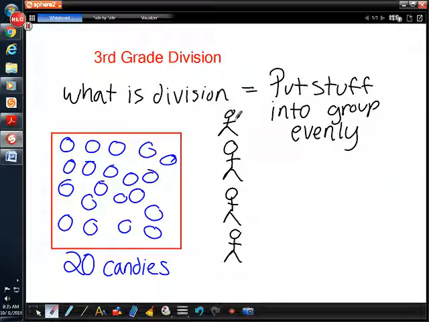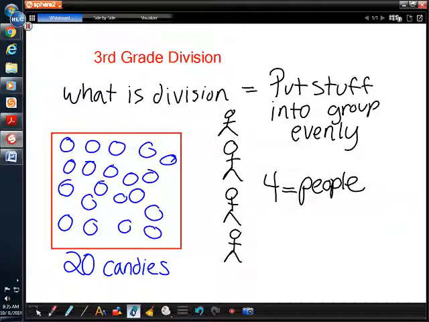So 20 candies going to 4 people. And what we're going to do is distribute, which means pretty much to hand out these candies to these children. So we're going to do this the hard way. I call it the hard way because this is going to take a while.